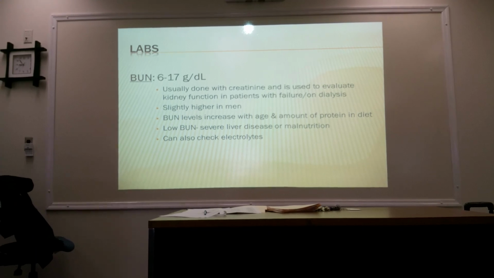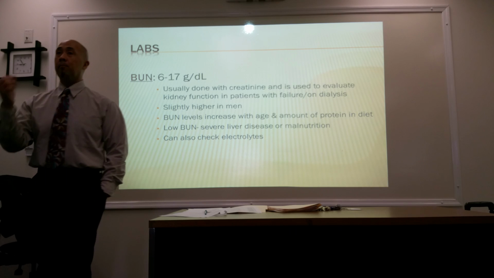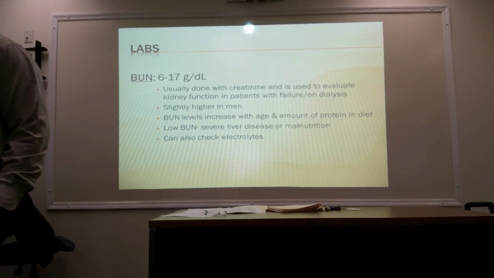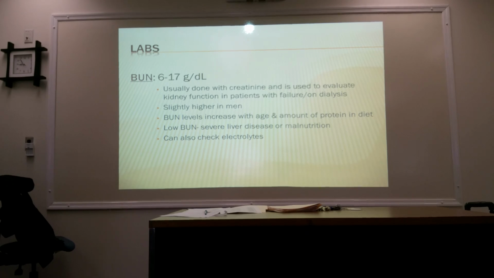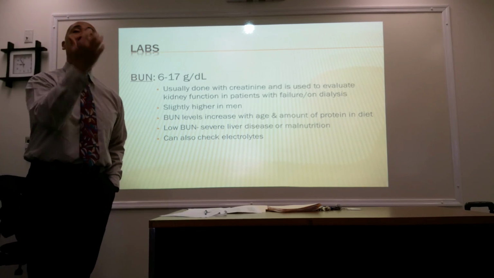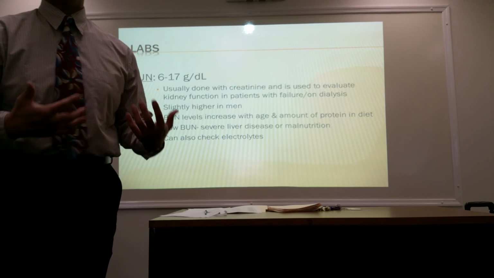One of those things that we're going to evaluate is BUN, which stands for blood urea nitrogen. Blood urea nitrogen is the amount of urea and nitrogen in your blood. Urea and nitrogen is a byproduct of metabolism. It is waste material in your blood.